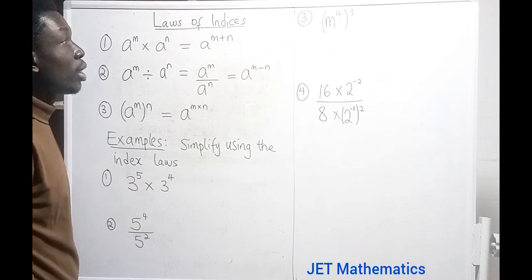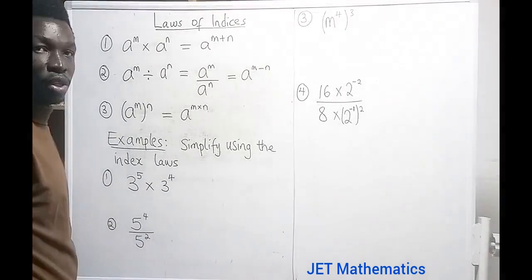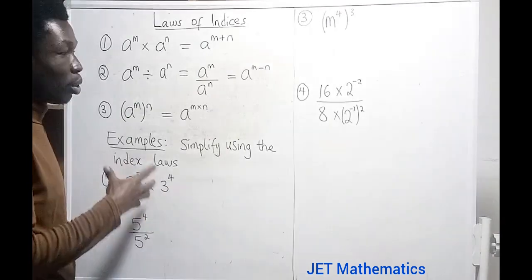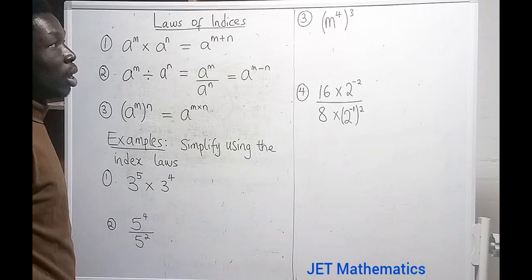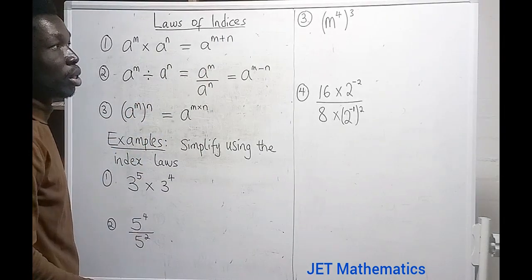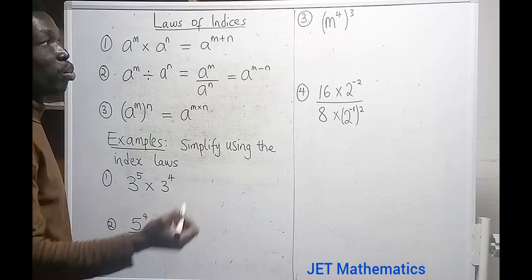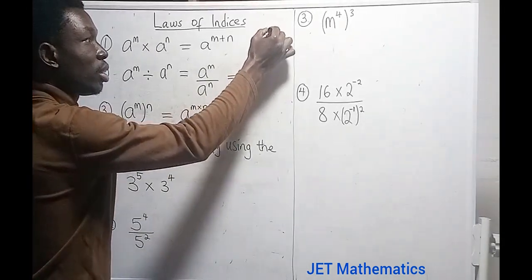Today we are looking at indices, the laws of indices. But before we start solving problems, I would like to state that the word indices is the plural form of the word index.